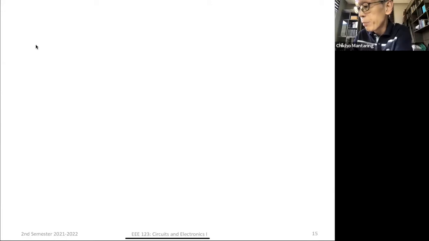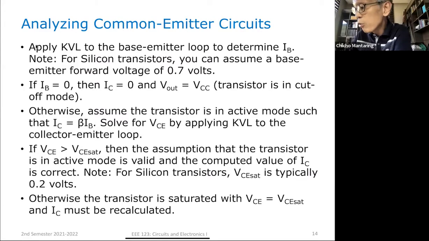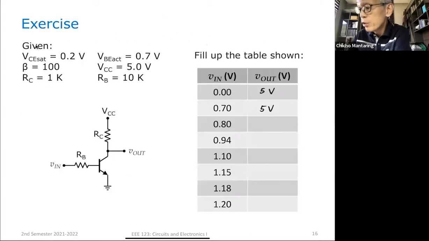Okay, what's my next step? I've got IC, and I'm assuming that it is in active mode. So the next step is to solve for VCE by applying KVL to the collector emitter loop. What is the collector emitter loop? This is the collector emitter loop.